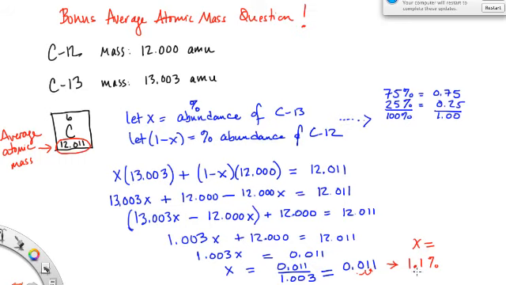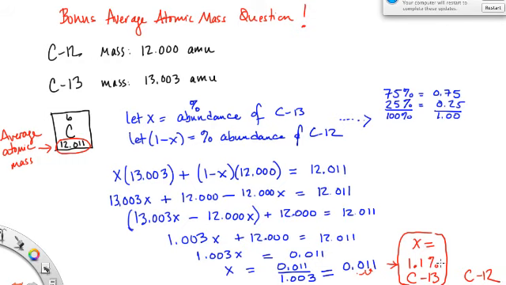So what is 1 minus x going to equal? Or I should say, now we're not doing really 1 minus x, but we're doing 100 minus 1.1%, since our percentages have to equal 100%. x, which was the abundance of carbon-13, is 1.1%. So what's our abundance of carbon-12 going to be?